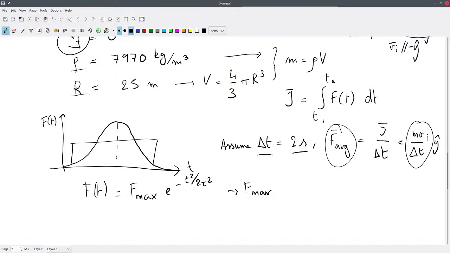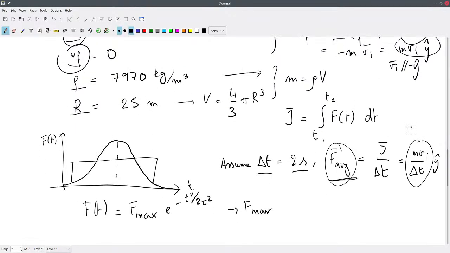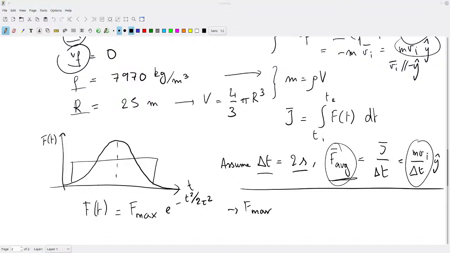The f max would be approximately equal, within a factor of 2, for example, to the average force. So if all we're interested in, in this derivation, which inherently is limited because of the knowledge that we have, is the order of magnitude of these forces, then this approach actually gives us an order of magnitude for the force that the meteor will experience.